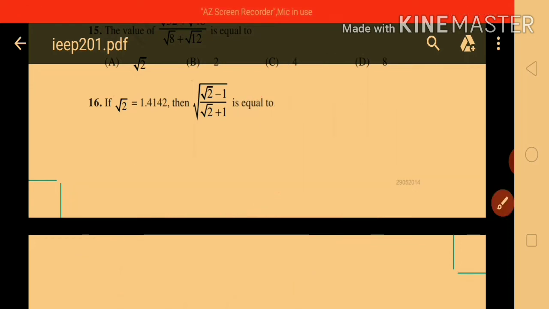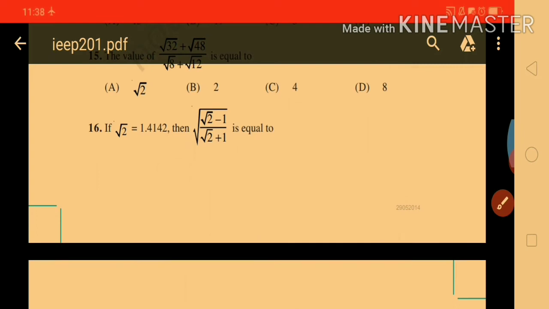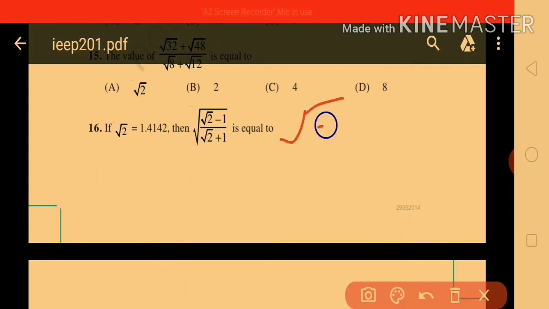So what you get here, the square and square root will cancel, you will get root 2 minus 1 in the numerator, and in the denominator root 2 square means 2 minus 1, that is 1, and square root of 1 is 1. So you will get root 2 minus 1 here, right?